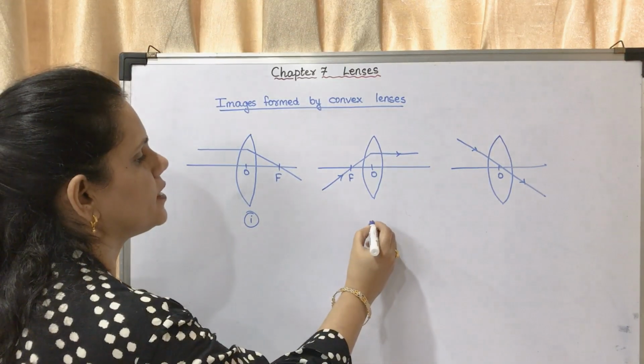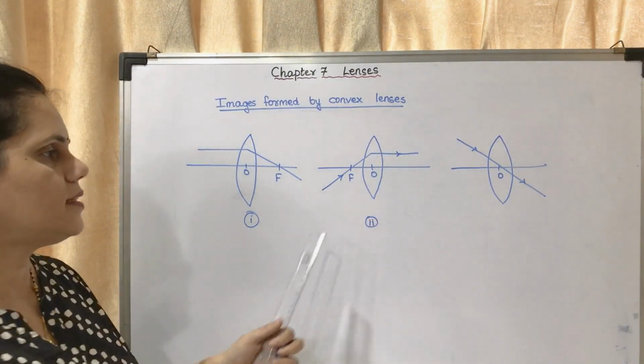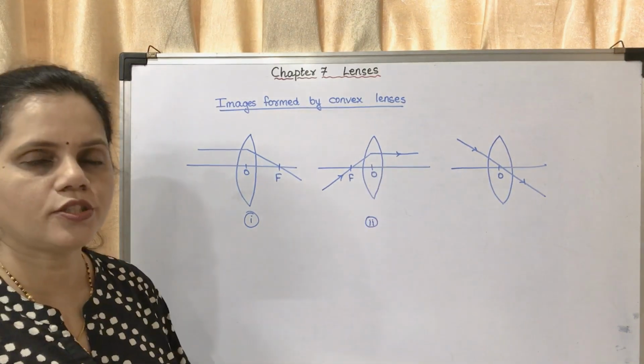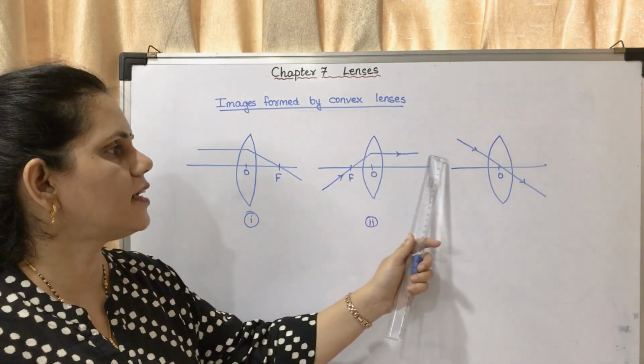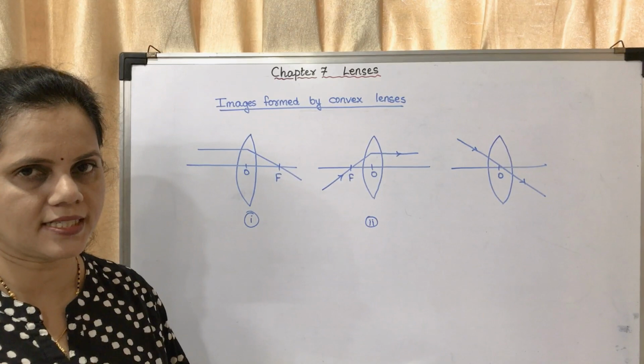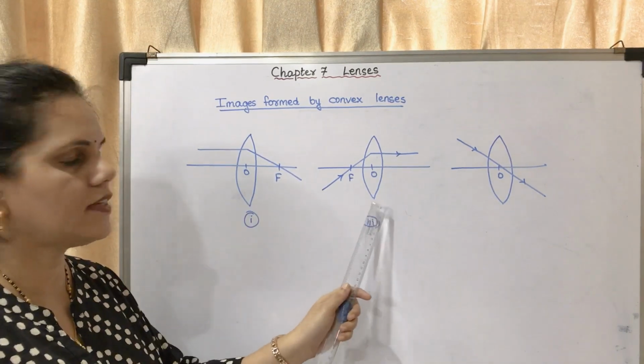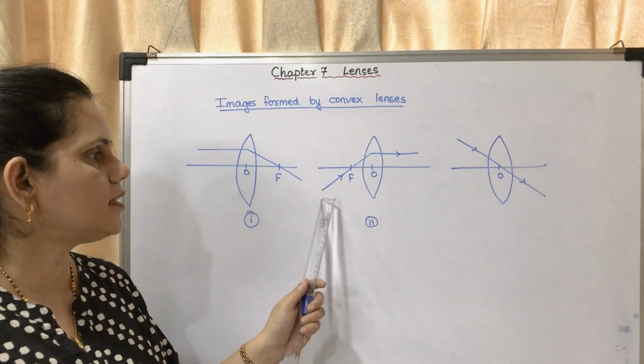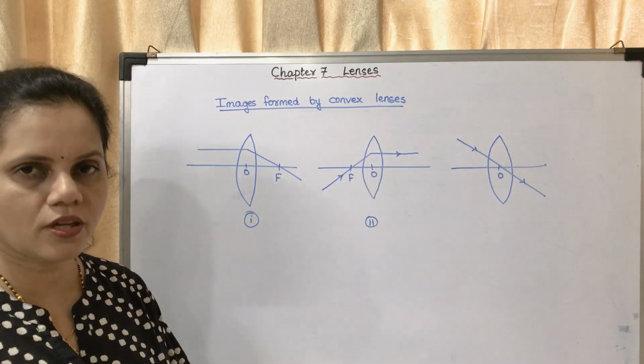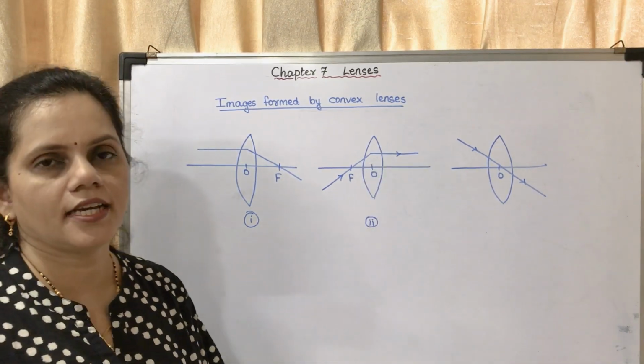The second one is, when the incident ray passes through the focus, the refracted ray is parallel to the principal axis. It is the inverse of this.